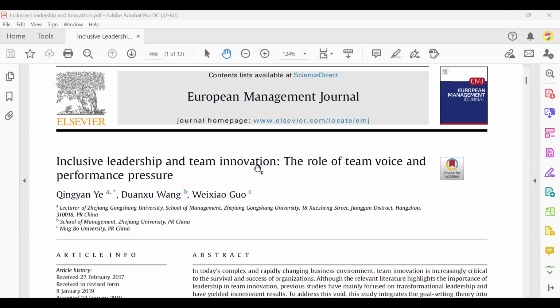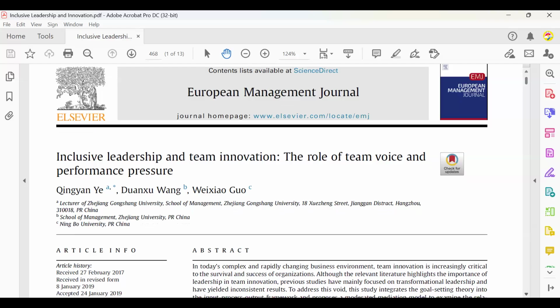So we understand that the main constructs are inclusive leadership and team innovation. But we are also looking at how team voice and performance pressure influence that relationship. We are making sense of the study just from the title.